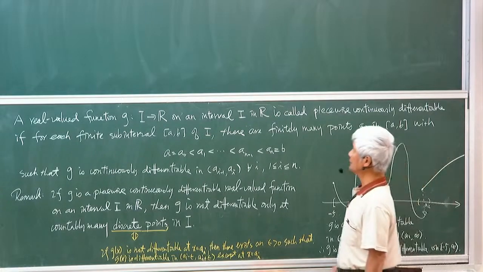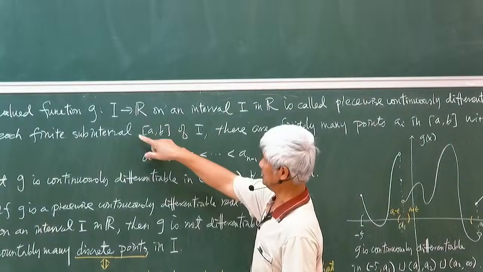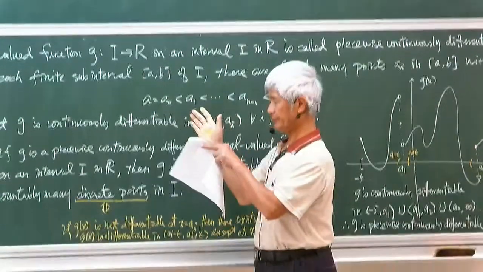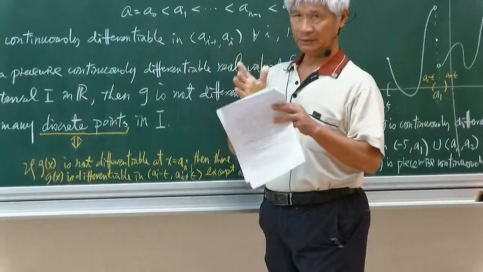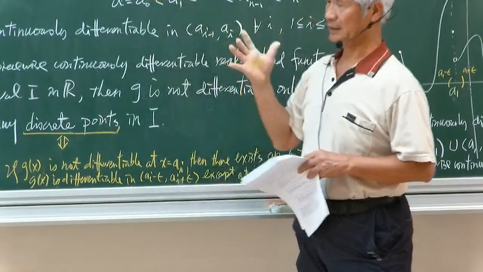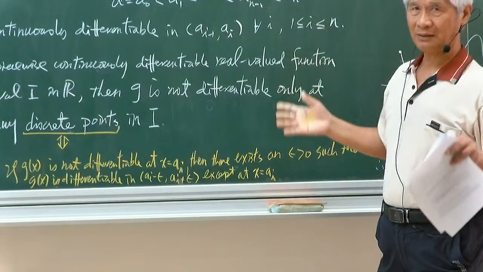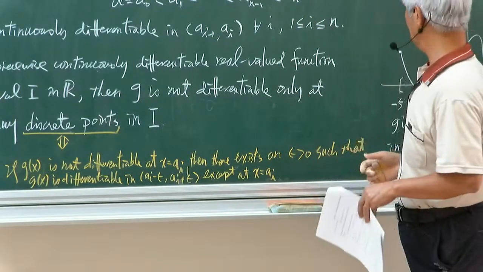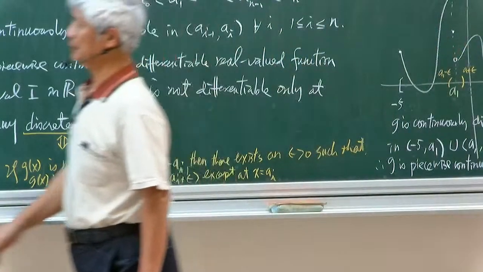Because any interval is a union of finite subintervals, and in each finite subinterval you have finitely many points where g is not differentiable. So you take the union.